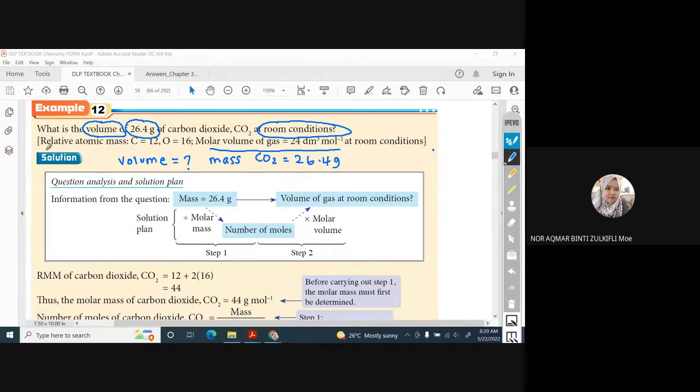And then we have the relative atomic mass, RAM: carbon is 12, oxygen is 16, then molar volume 24 dm cube per mole.